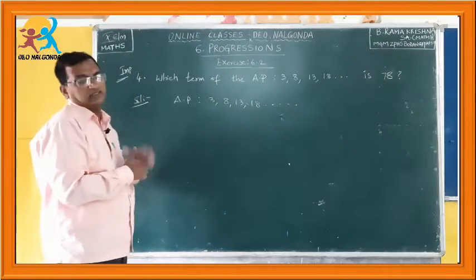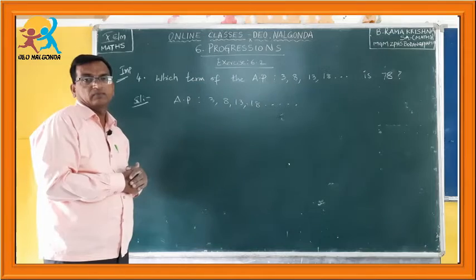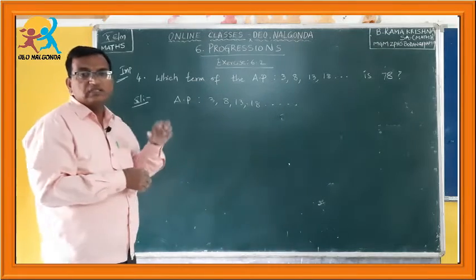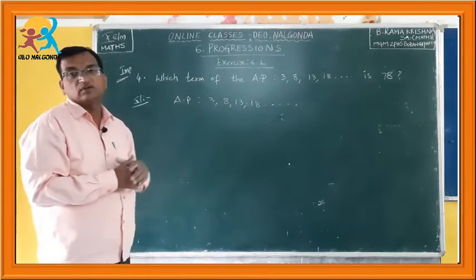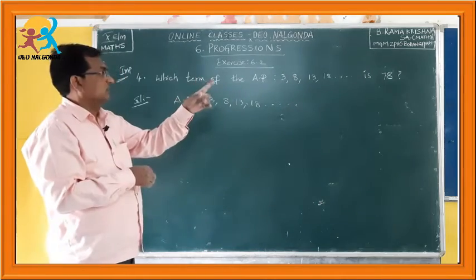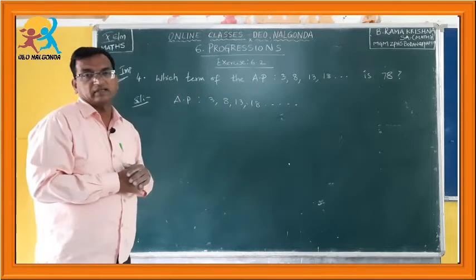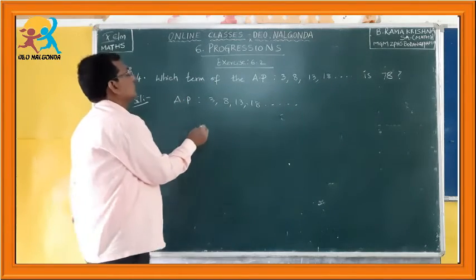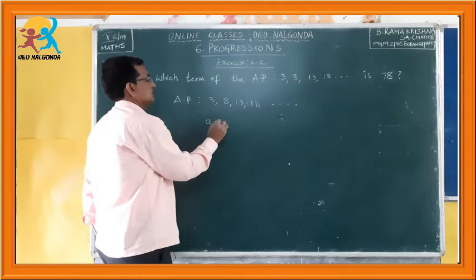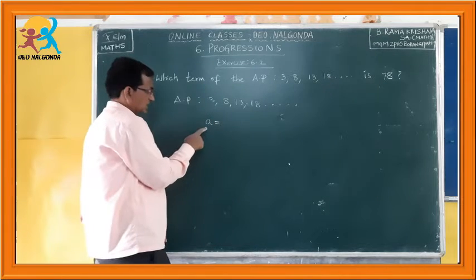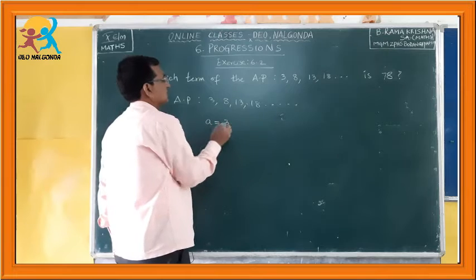So, how to find this? Simple. Using the nth term concept, we can find out what term is 78. For that, you write down the given things first. What is the first term? A is given as 3.